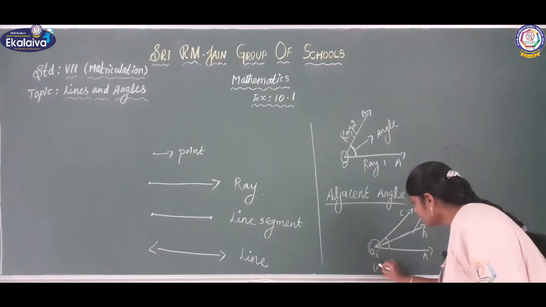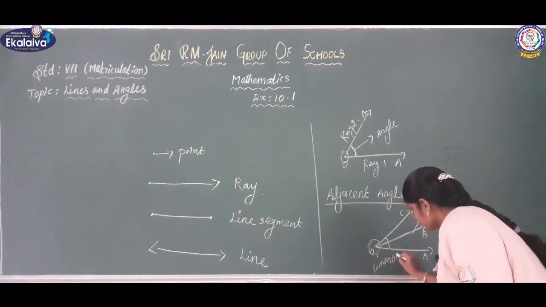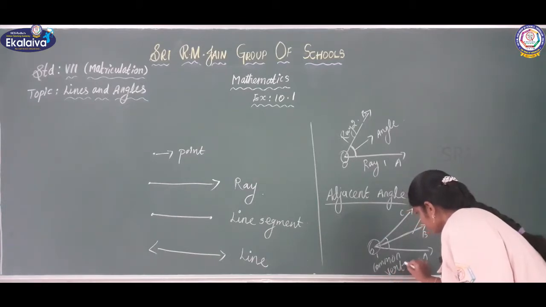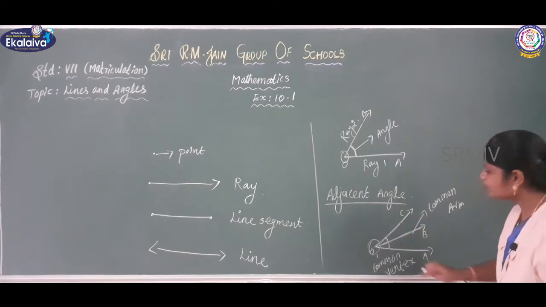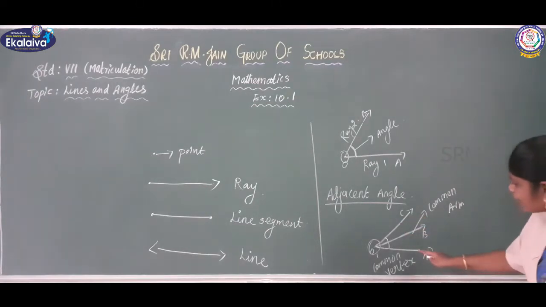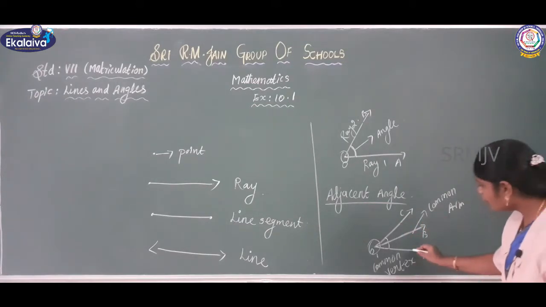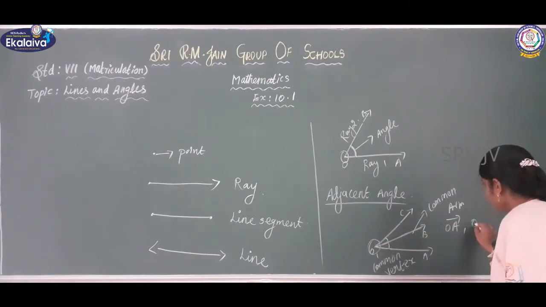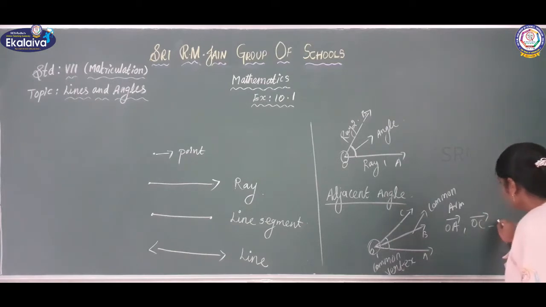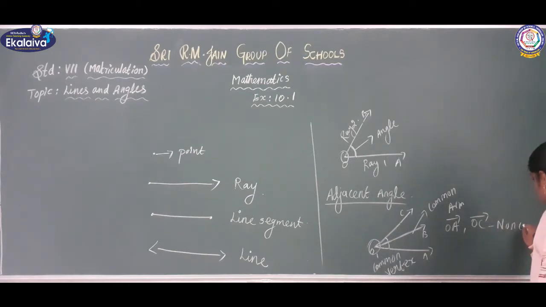The non-common arms are on either side of the common arm. So rays OA and OC are non-common arms.